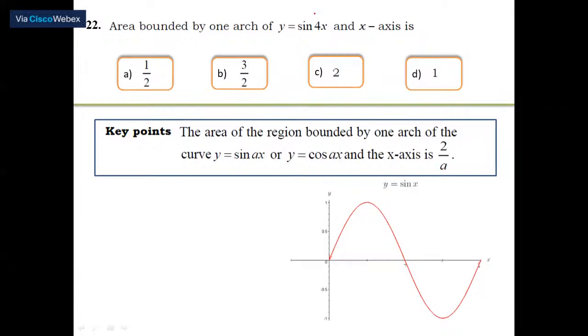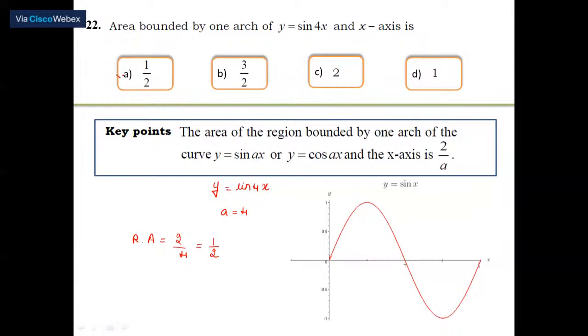And here, the curve we have, in place of sine ax, is sine 4x. Therefore, the value of a is 4. And when a is 4, the required area is given by 2 by a, which is 1 by 2.